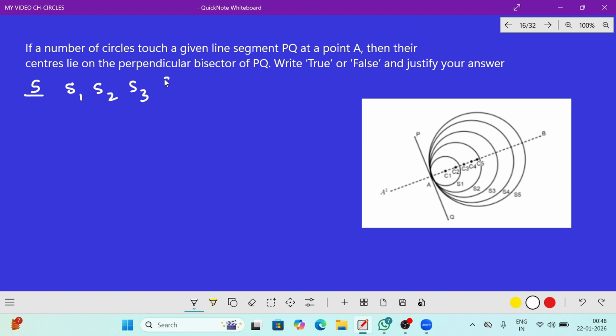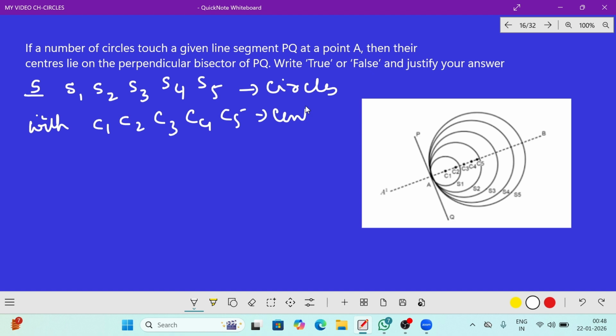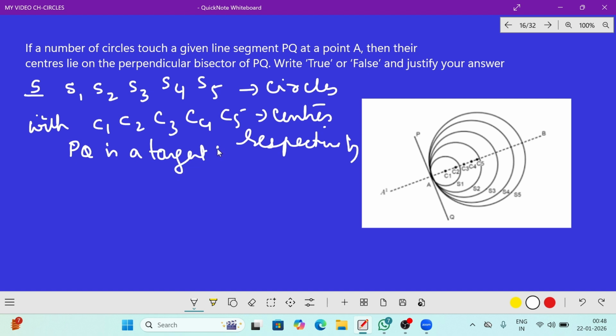S1, S2, S3, S4, S5 are circles with the centers C1, C2, C3, C4, C5 respectively. Then PQ is a tangent to the circles at A. Okay.